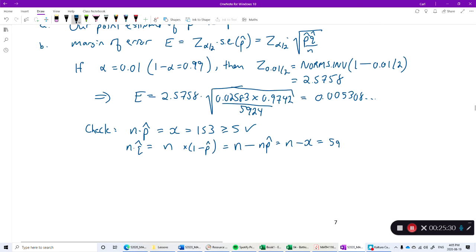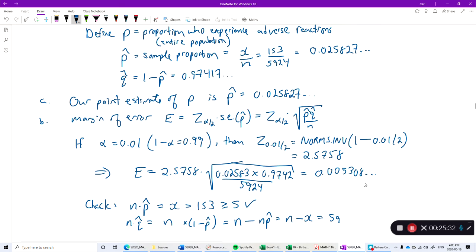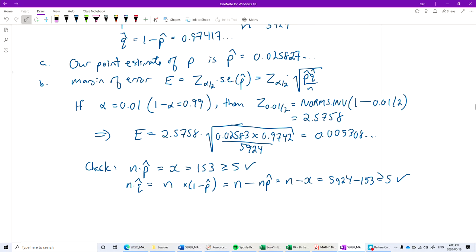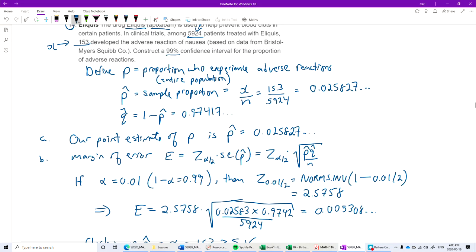So basically what the requirement is saying is as long as you have at least 5 successes and 5 failures, then you're fine. I find that easier to remember. And here we certainly do. Okay, so that's the margin of error.